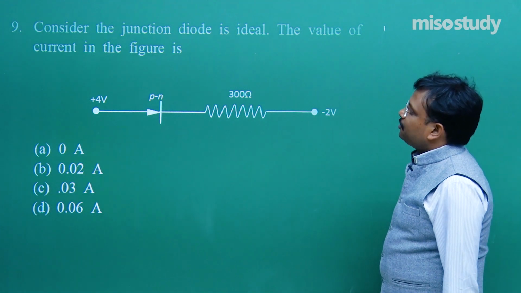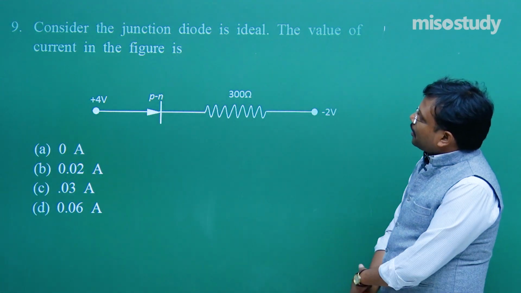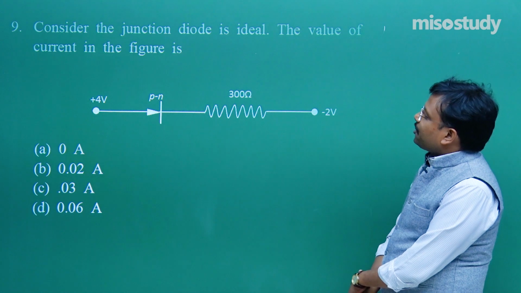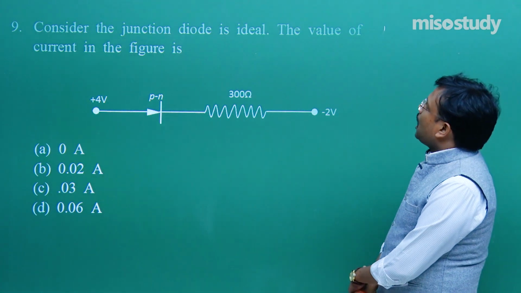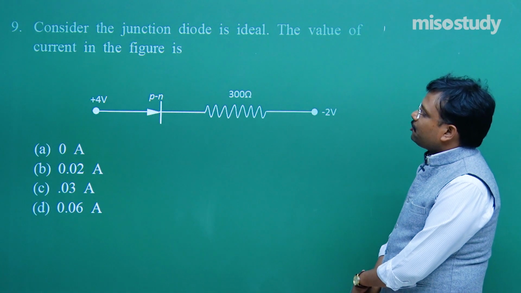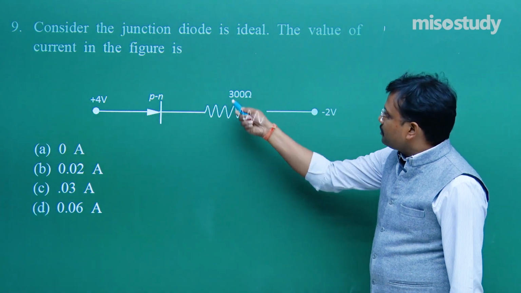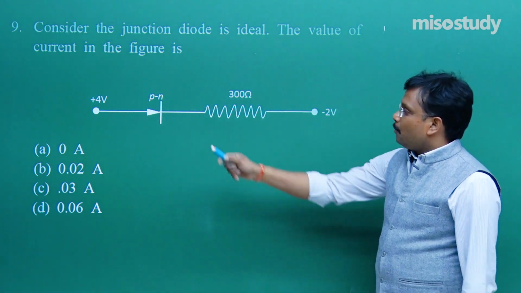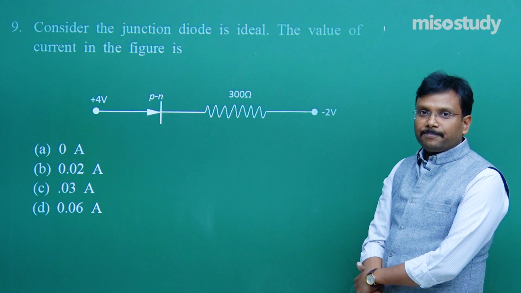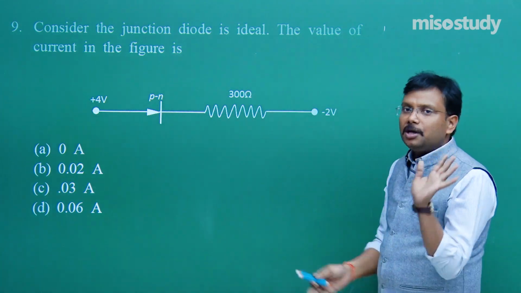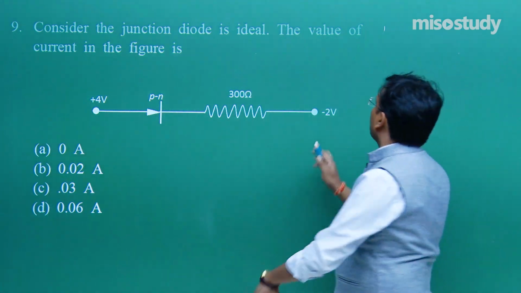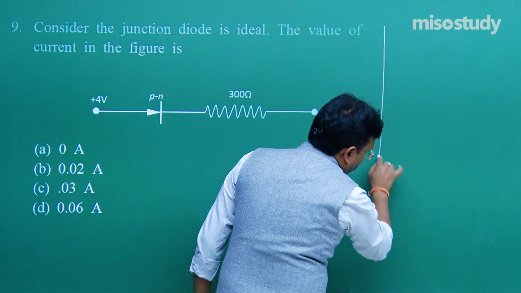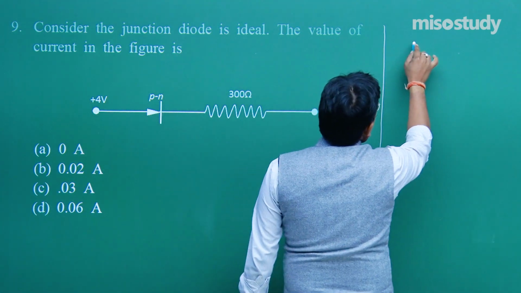Now here comes this situation. Consider the junction diode is ideal. The value of current in the figure is how much? Resistance is given, potential difference is given. Direct formula based question, no discussions required over here. So I am not wasting your time.